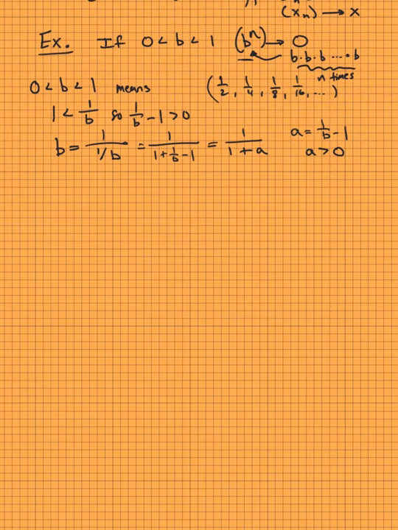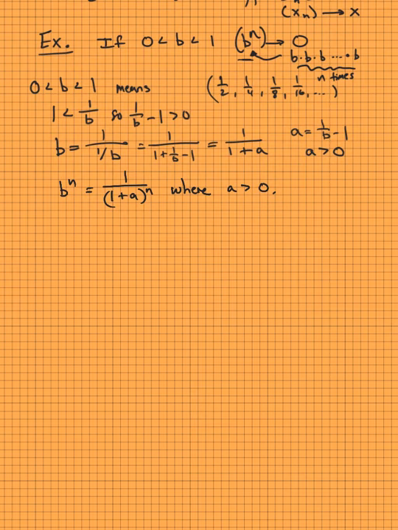Okay? So then b to the n is just 1 over (1 plus a) to the n, where, as we said, a is greater than 0. And now, hopefully, this is looking somewhat familiar.